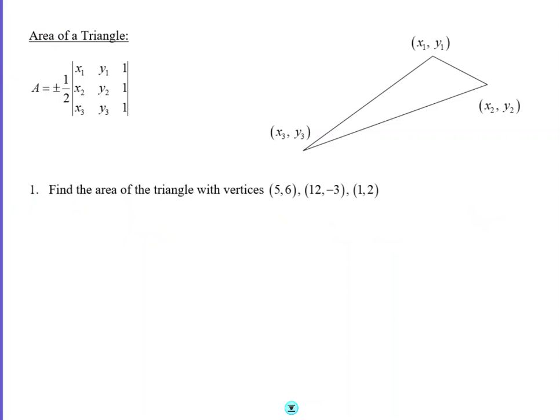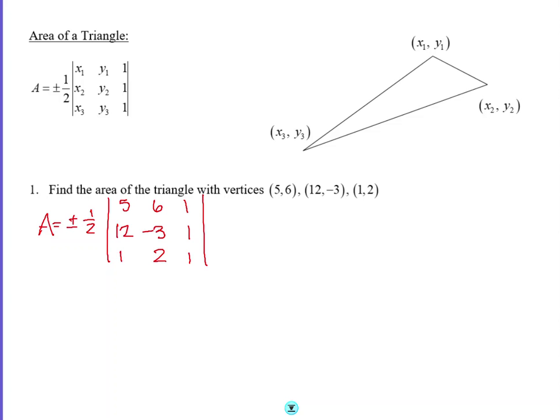So let's find the area of the triangle with vertices (5, 6), (12, -3), and (1, 2). So we have the area is plus or minus 1/2 the determinant of this matrix: 5, 6, 1, 12, -3, 1, 1, 2, 1.